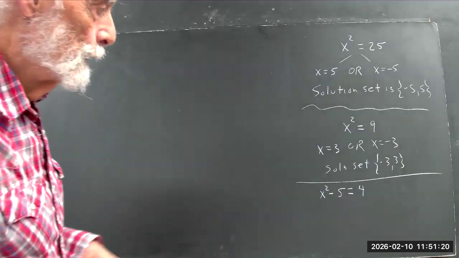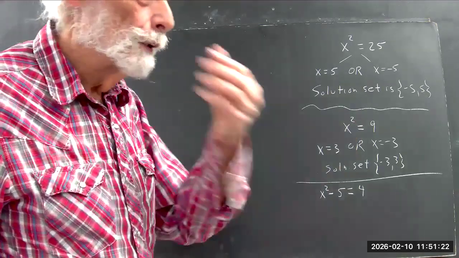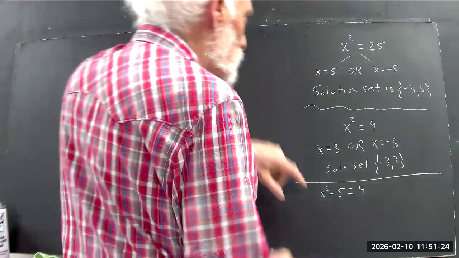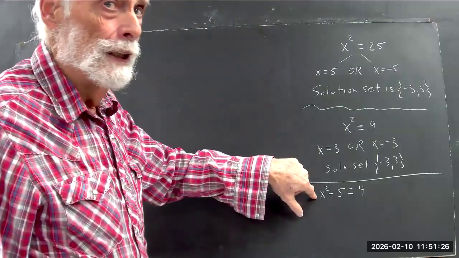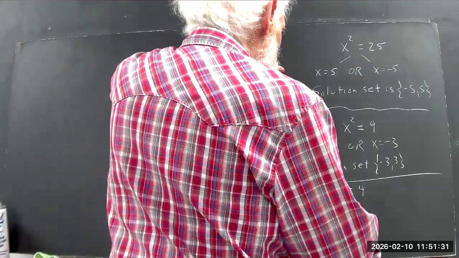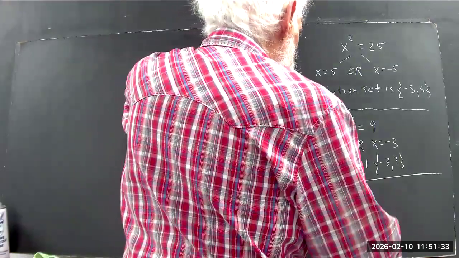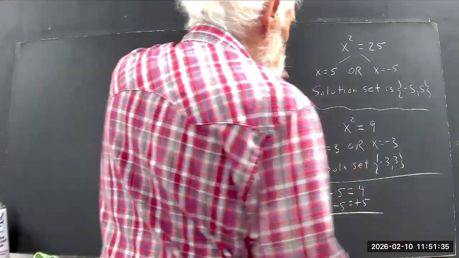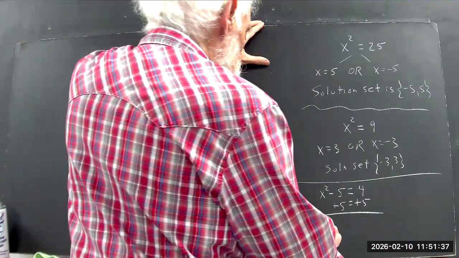Okay, now I'm going to tell you. First thing you want to do here, just like with a linear equation, we're trying to solve for x, so we isolate x. We put a plus 5 here equals plus 5 here. So that's where we add 5 to both sides.